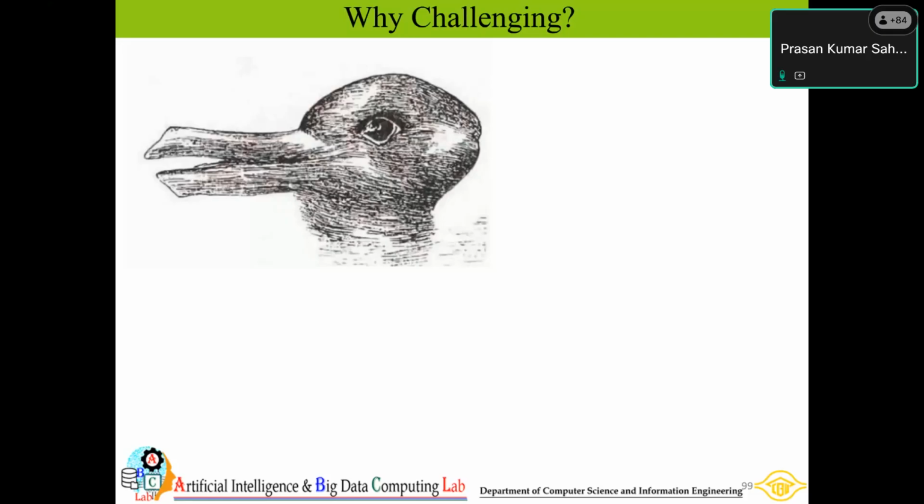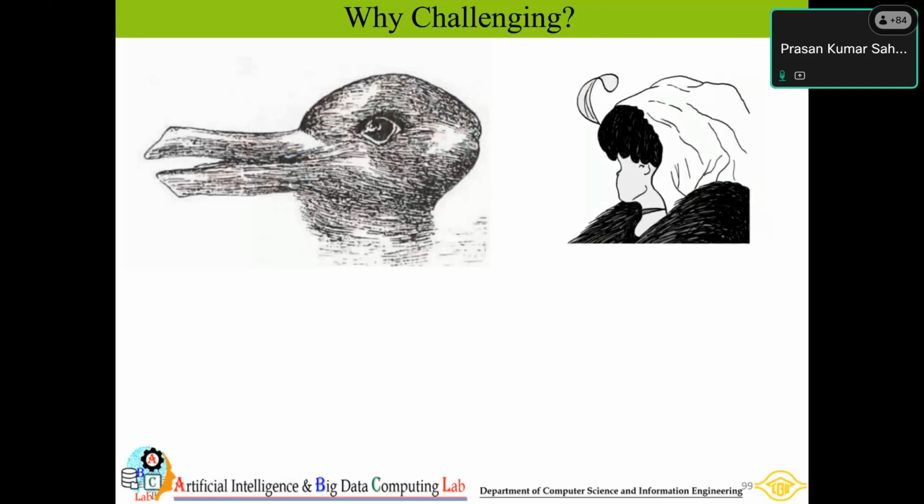So some of us, of course, you are correct that this image is a rabbit. You can say from this side, this is the face of the rabbit, and these are the ears of the rabbit. Though it looks like a duck, looks like a bird.